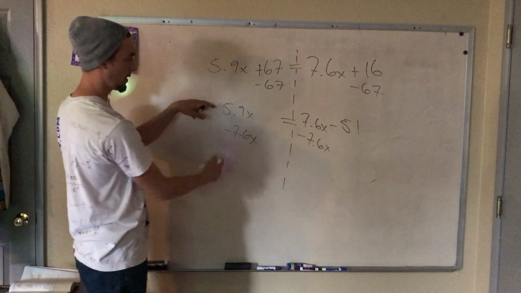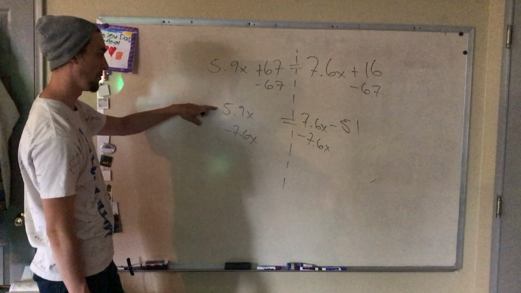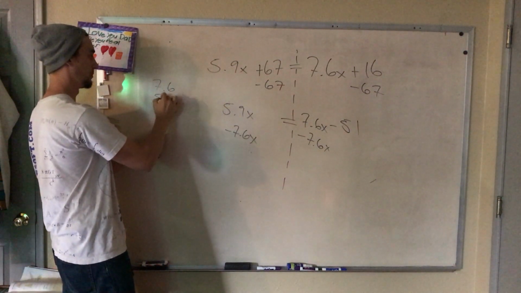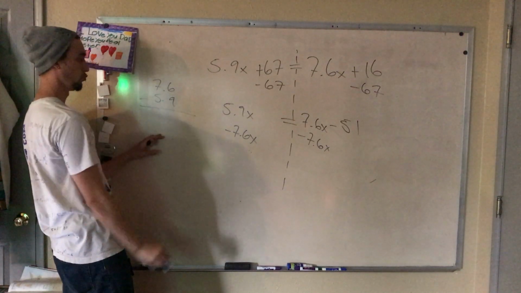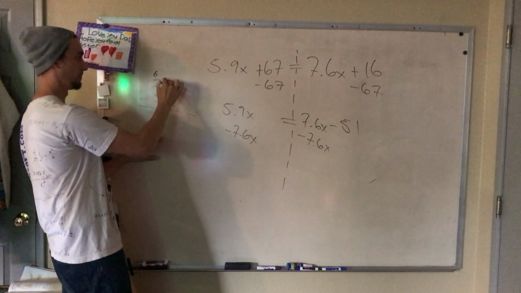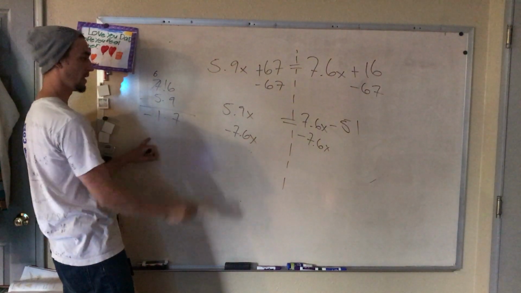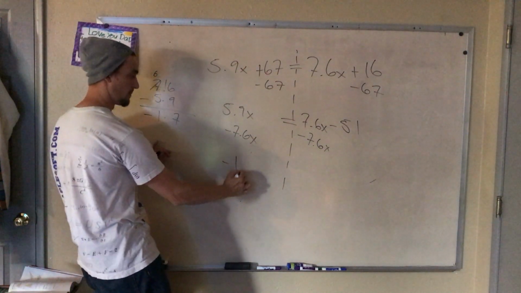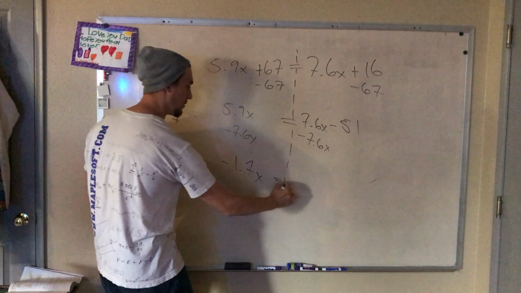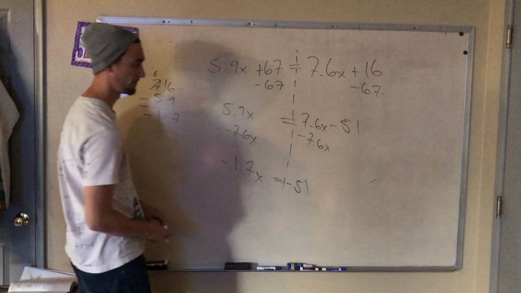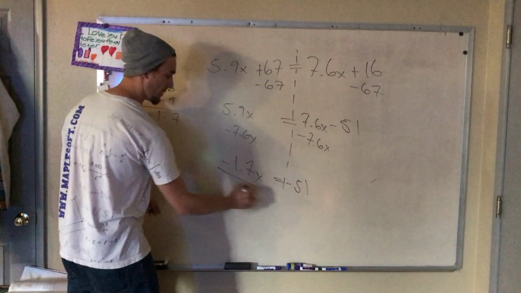Negative 7.6 plus 5.9. Negative 1.7x equals negative 51. And now you divide by negative 1.7.